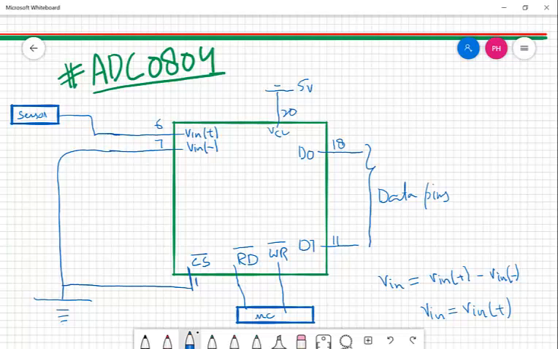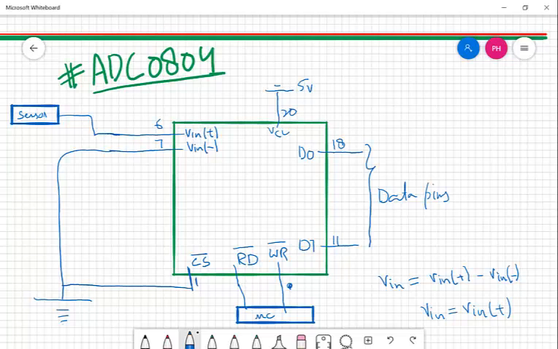First, before starting the conversion, we will be sending a high to low pulse on this write pin. When we send a high to low pulse on the write pin, our ADC 0804 will start converting the signal into digital form.